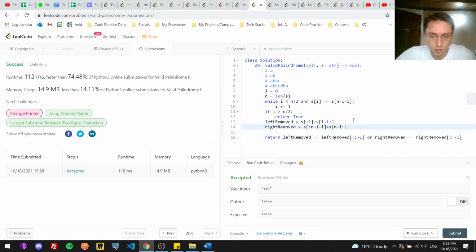And because of that, we just go over the string only once, so the time complexity is O of n, and the space complexity is just O of n, because we are just using that string. Here n is the length of the string, so n is equal to length of s.